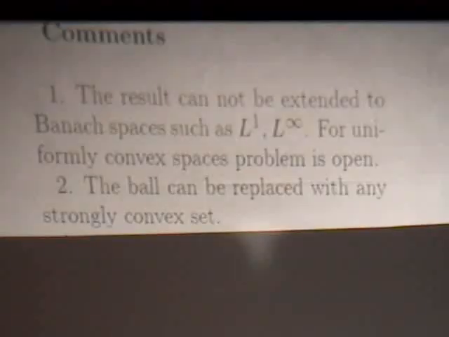Okay, the second comment is that it was not important that we deal with a ball. This original set was a ball. The only thing which is important was this strong convexity assumption. So the ball can be replaced with any other strongly convex set.